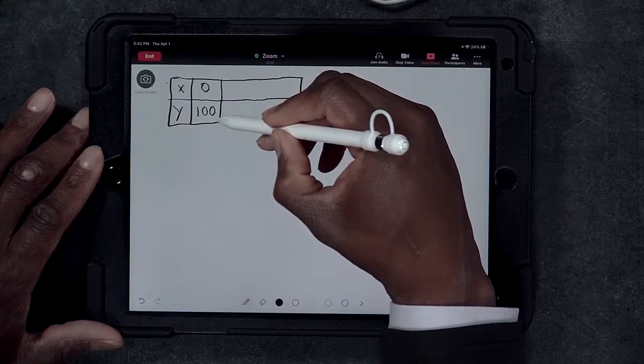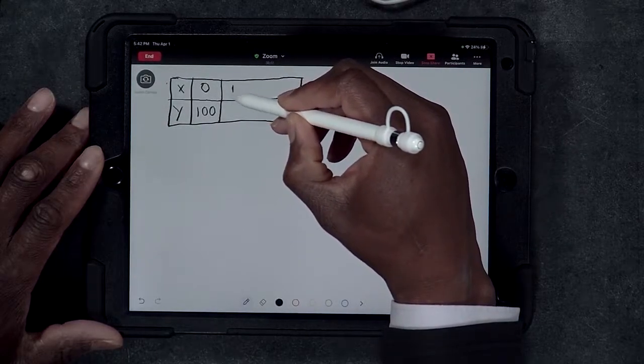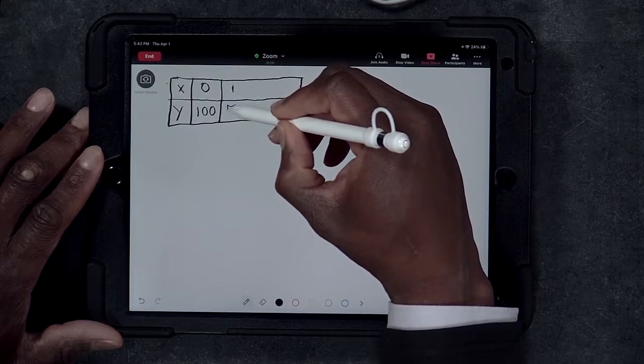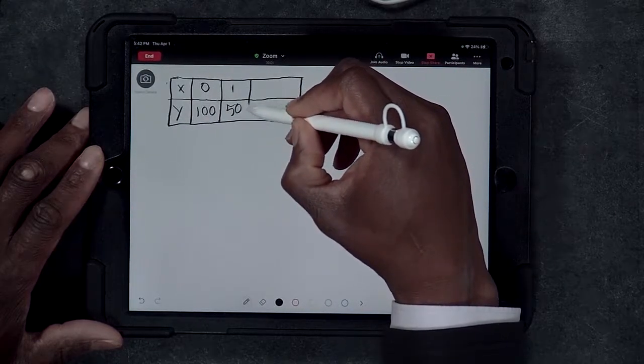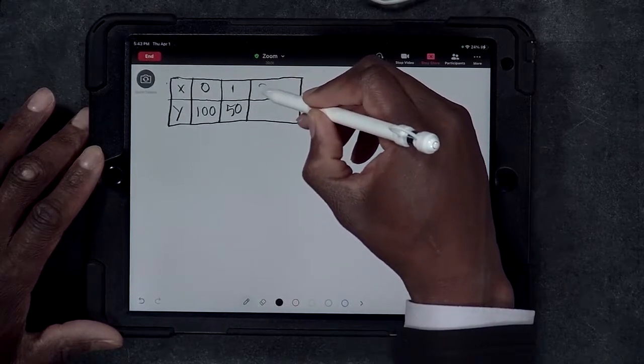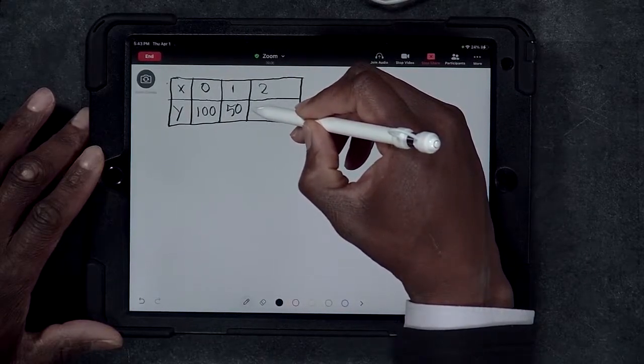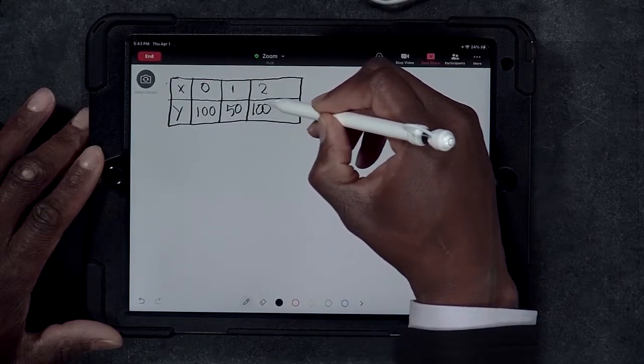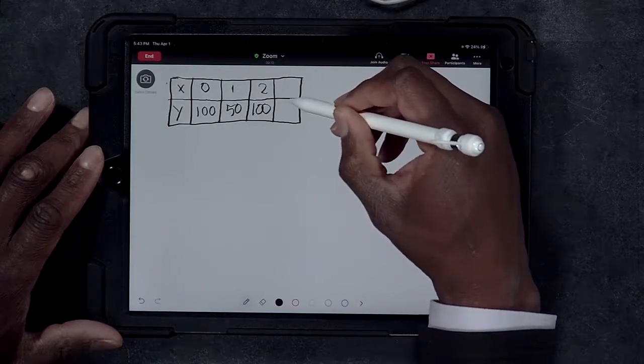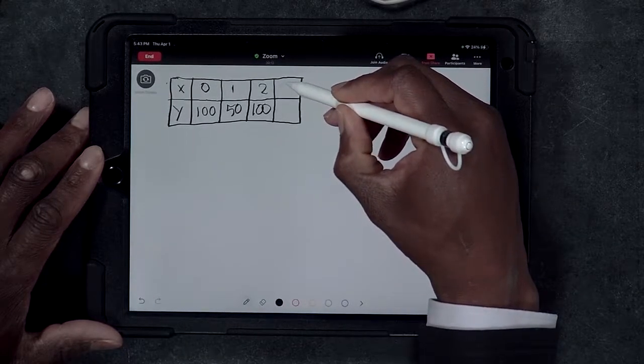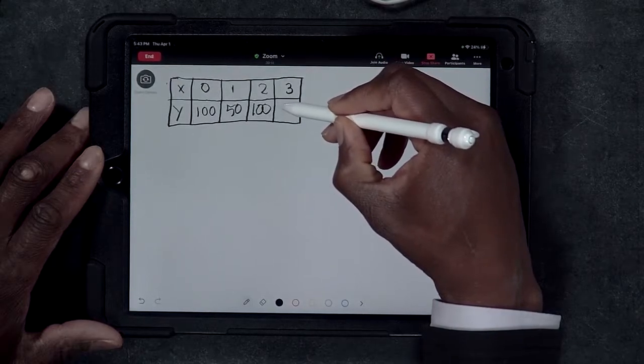At time 1, we have 50. And let's say at x is 2, we have 100. And at x is 3, we have 200.